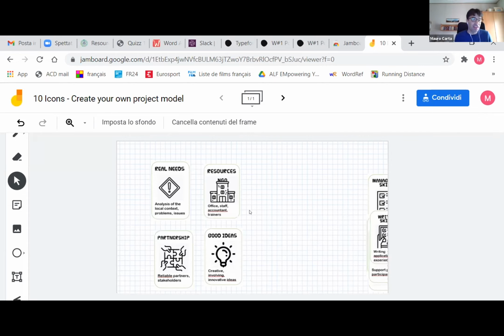Of course, if you don't involve the partners in the process of creation, they may feel forced to join the activities because they were not involved enough in the development phases. So the involvement of the partners at the beginning of the project creation is a very important element.